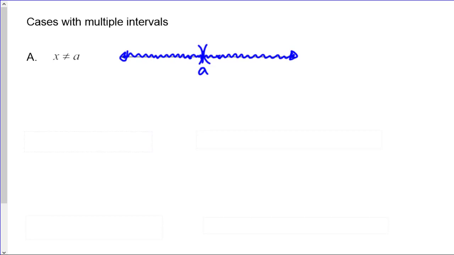Now, to express this in interval notation, you have to do two separate intervals. One that's going from negative infinity to a, and then another set that's going from a to positive infinity.